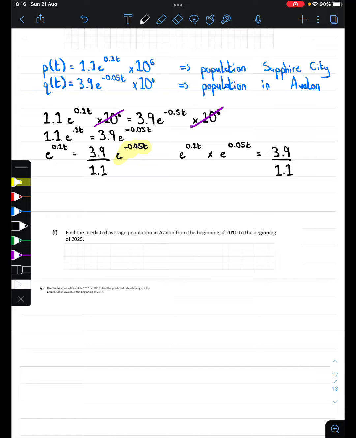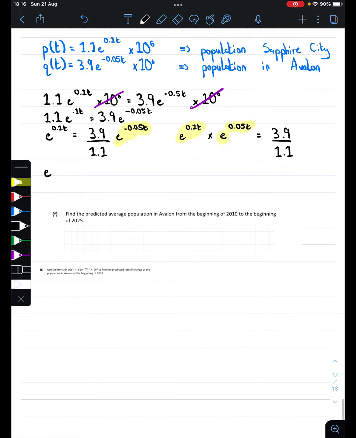When you have a product of two powers with the same base, in this case e, to the power of something else, you can just add the two powers. That's one of our first rules of exponentials. So this will just be e to the 0.15t equals 3.9 over 1.1.